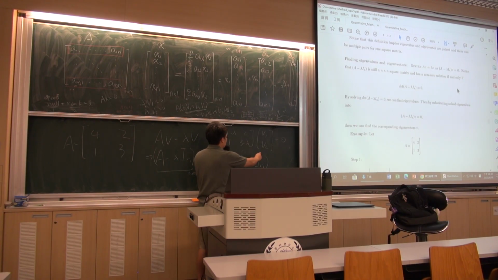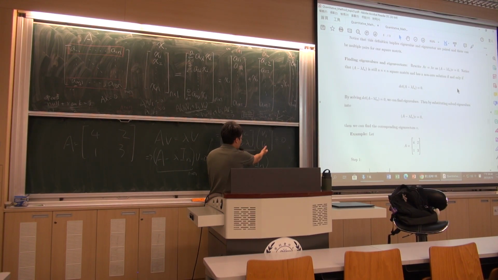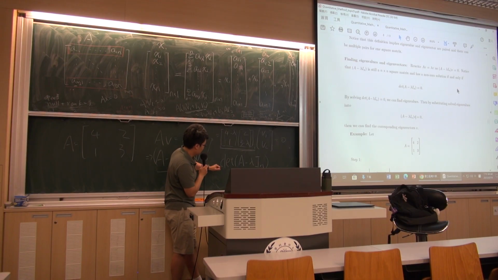Because we want to find the vectors here, which are in the null space of the matrix A minus lambda times I, if we want to have multiple solutions, then the only possibility is that the column vectors are linearly dependent, and that's why we can use this equation to calculate it.